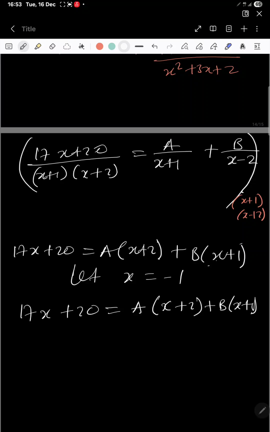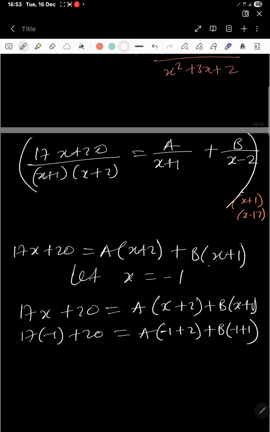So let's now replace. Whenever there is x, we are putting -1. So we have 17 times -1 plus 20 is equal to a open -1 plus 2 plus b open -1 plus 1.